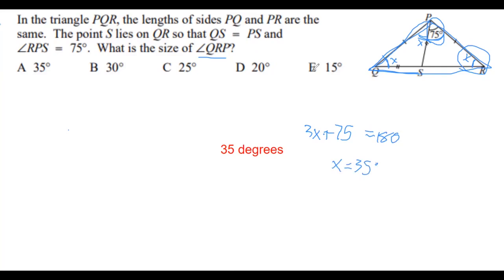So one thing I want to point out is that for this question, and for other questions, it's almost always necessary to choose a starting point and let that be a variable, and then try to find every other angle in the diagram, or at least every other important angle, in terms of that variable.